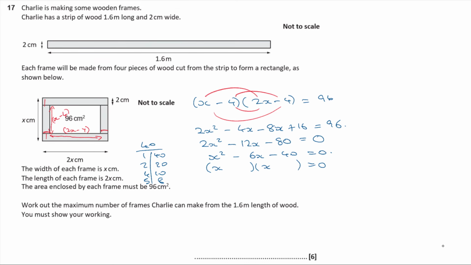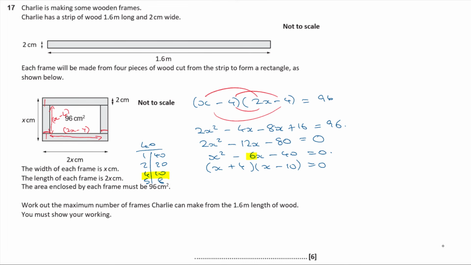So that's all the factor pairs. Okay, now I'm looking for a factor pair that has a difference of negative 6. Okay, so I'm thinking it must be this pair here then. So if I have plus 4 minus 10, that's going to give me minus 6 in the middle. So plus 4 minus 10 in there.